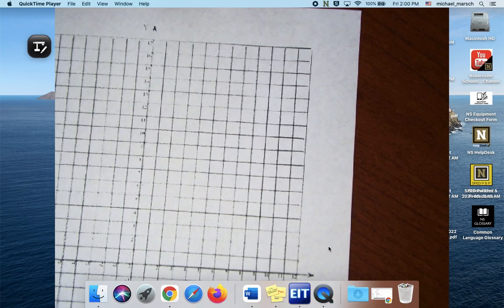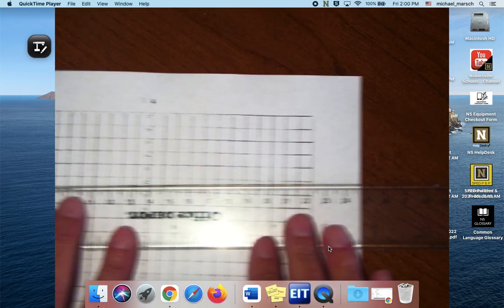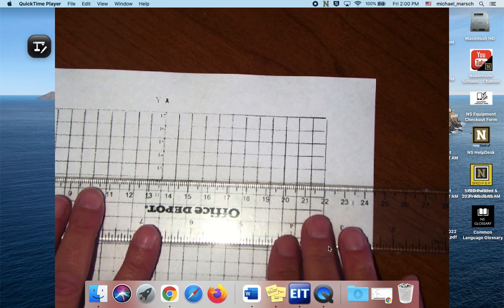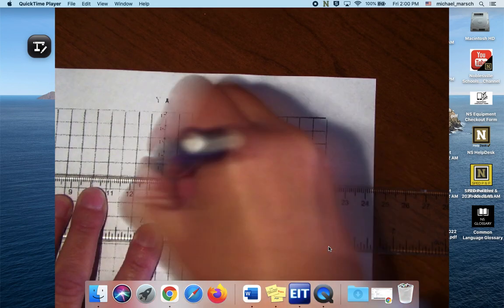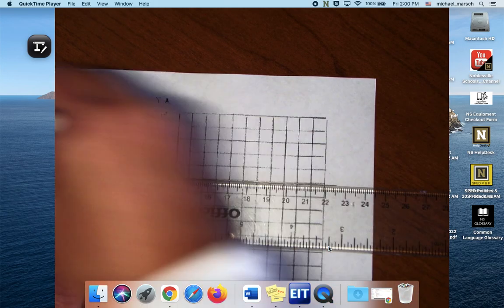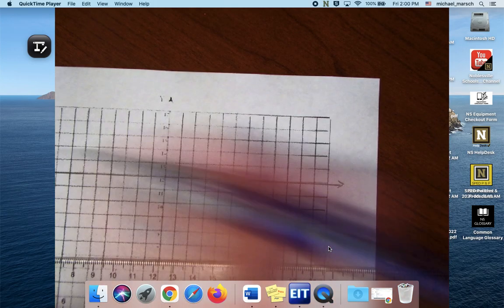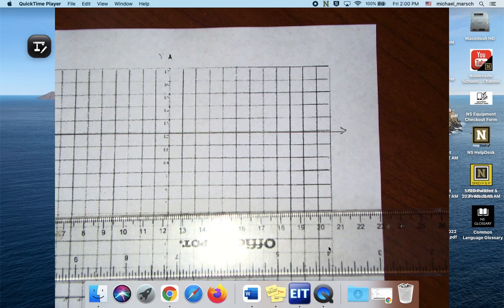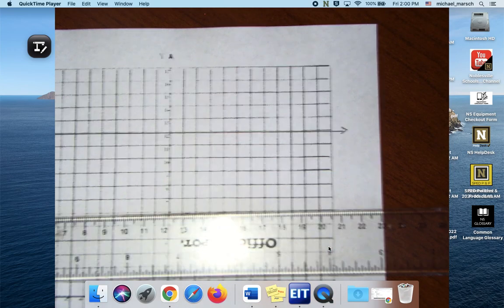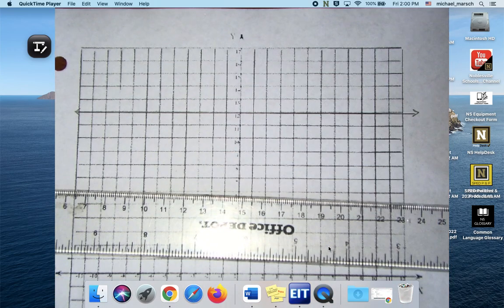And I'm going to take my ruler, and I'm going to go to this 12, and I'm going to draw a dark line there with my pencil. And then I can check that off the list. Number 9, I got that one done. Right? Yep, y equals 12. Yep, horizontal line. You got it.